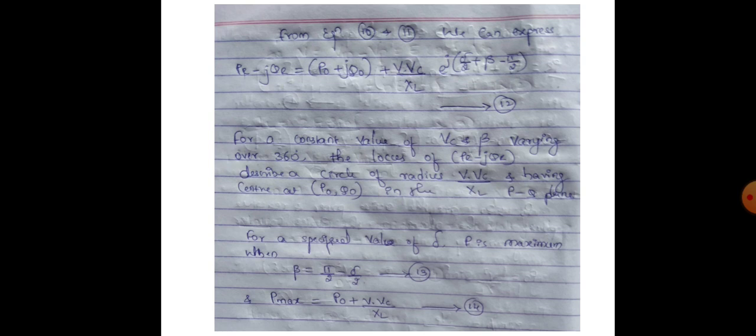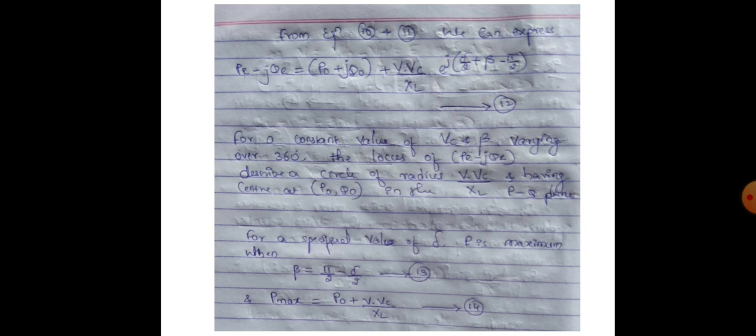This shows that for a constant value of Vc and beta varying over 360 degree, the locus of PR and jQR describe a circle of radius V into Vc by XL and having a center at P0 and Q0 in the PQ plane.